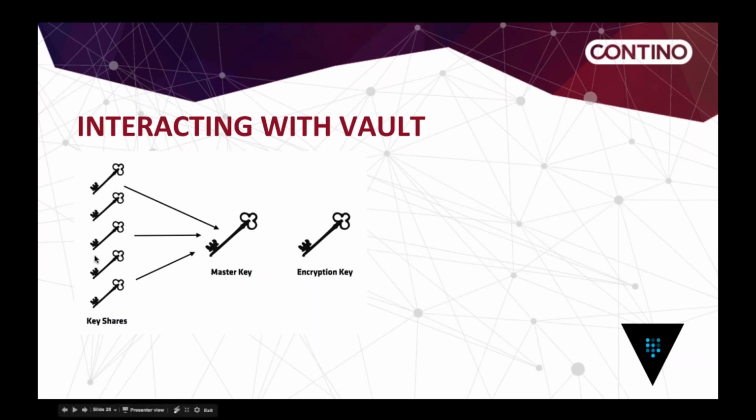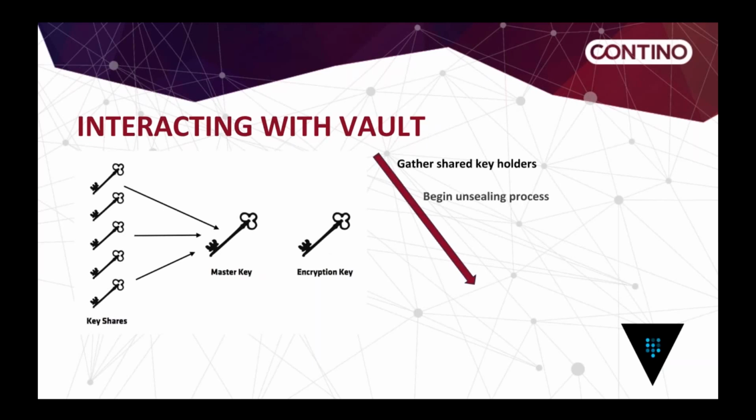So each of your selected Vault nominees will have their own key share. And in order to form the master key, they all have to put it together, which can then be used to decrypt the decryption key. And then once you've decrypted the decryption key, Vault can now read its own data that it has stored.